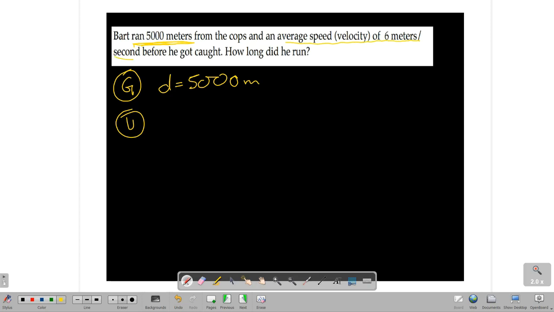So that gives us the speed as well, 6 meters per second. Before he got caught, how long did he run? So how long did he run is asking for a time. And since it gives us our speed in meters per second, I know the time is going to come out to be in seconds.